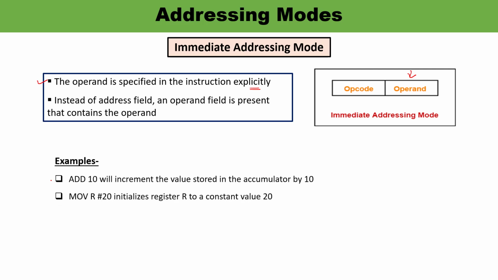What do you mean by add 10? Add 10 means whatever content is available in the accumulator, you add 10 to that value. If you are writing move R, 20, it means you are going to initialize the register R with the value 20. So this is the immediate addressing mode.